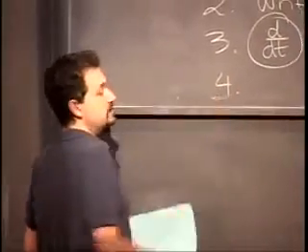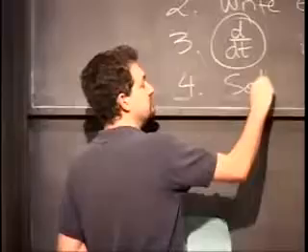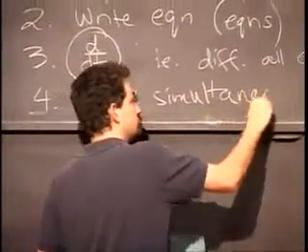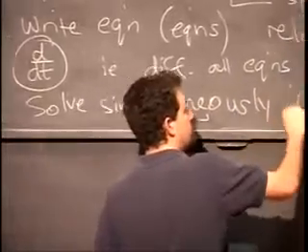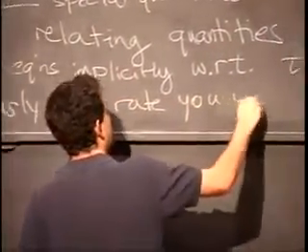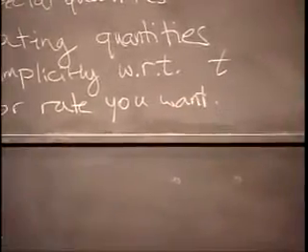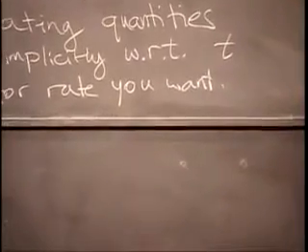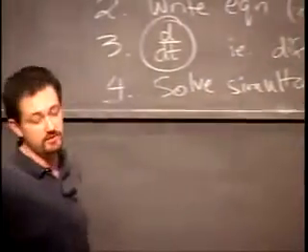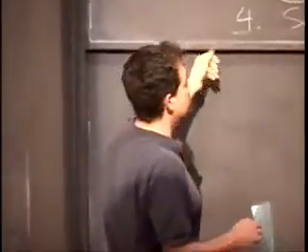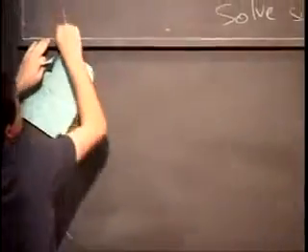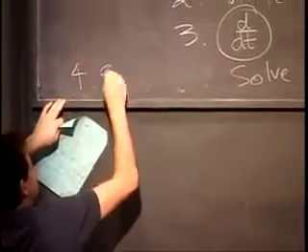Finally, solve simultaneously for the rate you want. How do you know which rate you want? In step one, we identified the one that we want the rate of, Q. So here we want to find dQ/dt. I actually should say, when I say solve simultaneously, I've missed a word.